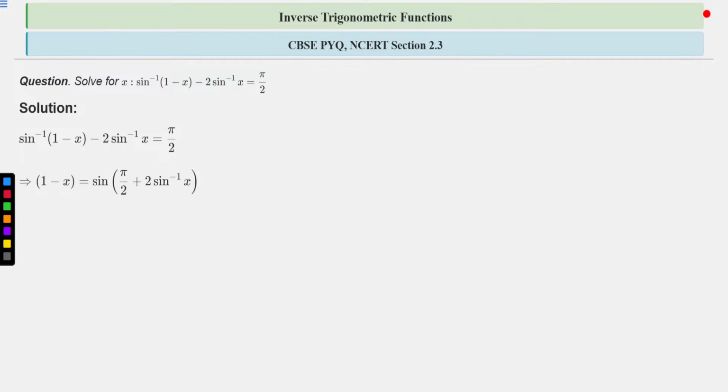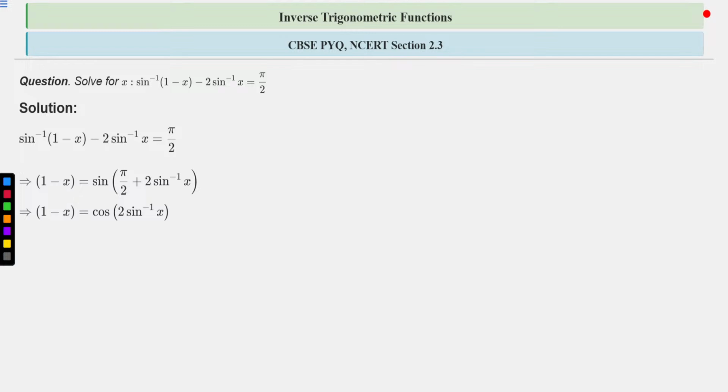So we can move this 2 sine inverse x to the right hand side. So sine inverse of 1 minus x will be equal to pi by 2 plus 2 sine inverse x. Now again we will try to convert this sine inverse on the right hand side. So 1 minus x will be equal to sine of pi by 2 plus 2 sine inverse x, right?